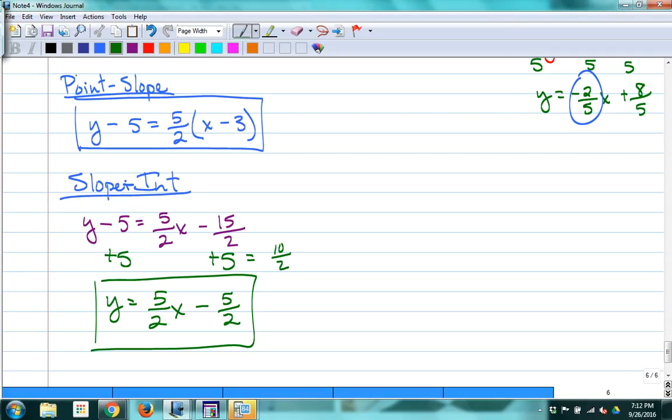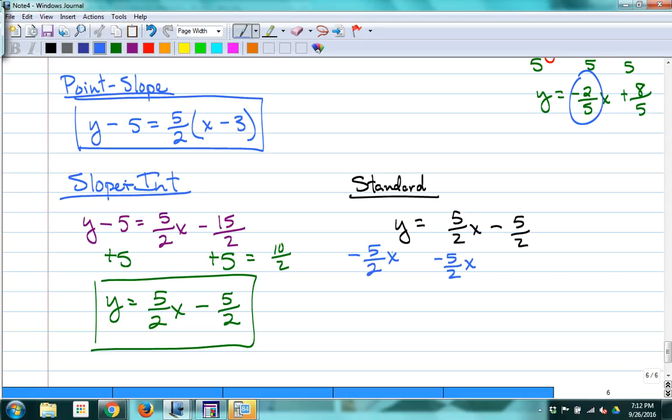Let's get it in standard. What do I do? Minus the 5 over 2x to get the x and y on the same side.